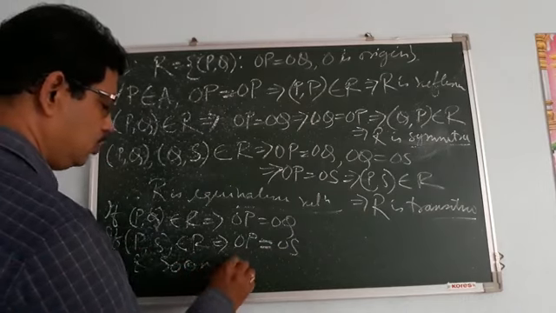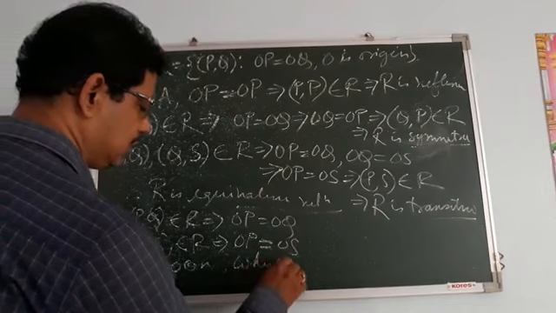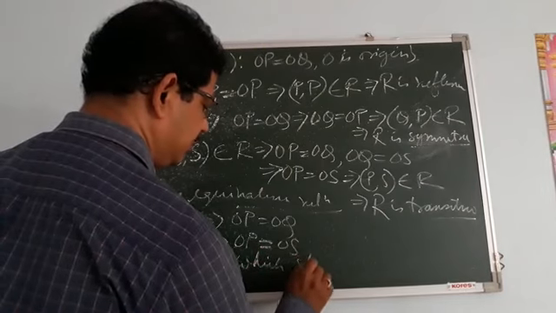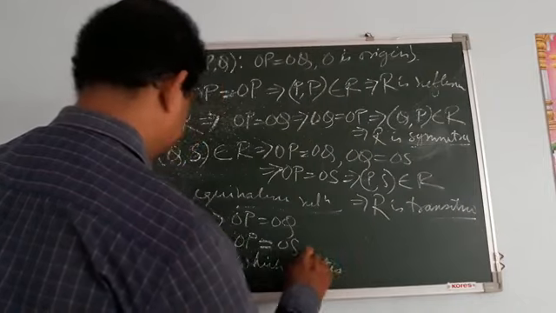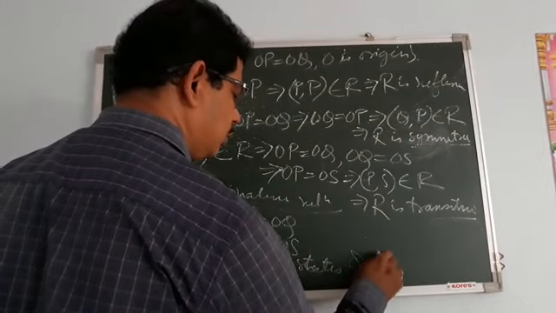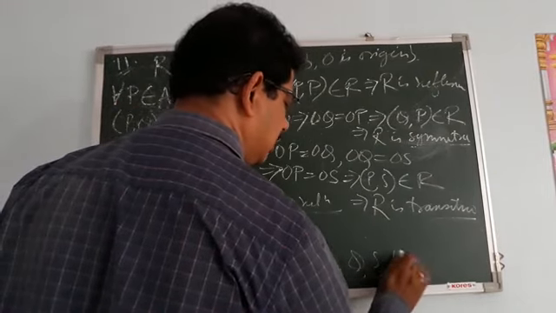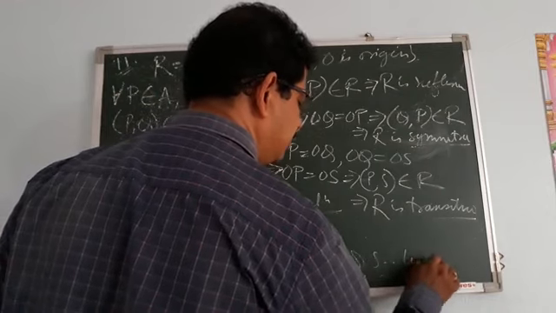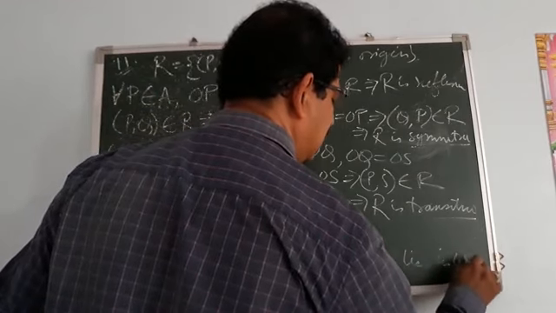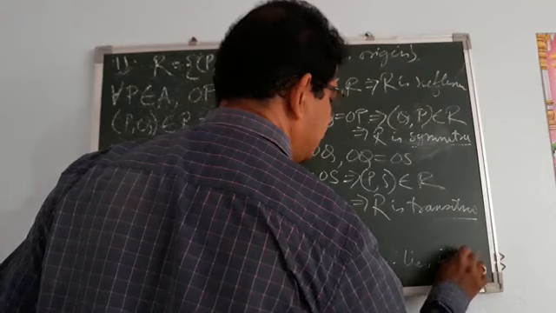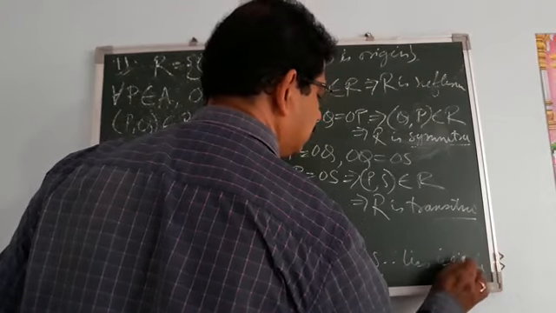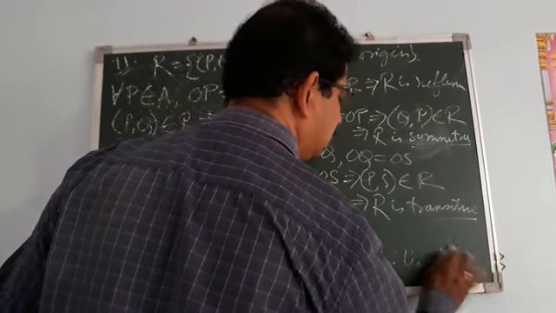Which states Q, S dot dot dot lies in a circle, because in a circle only.